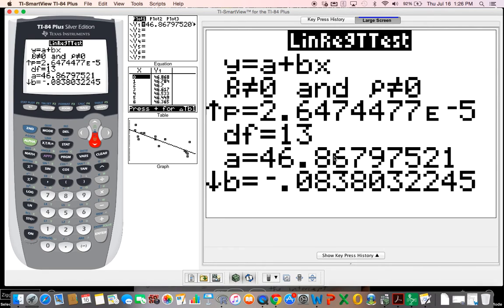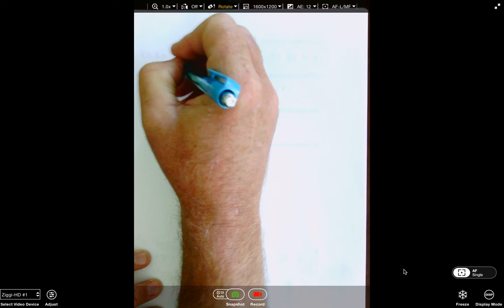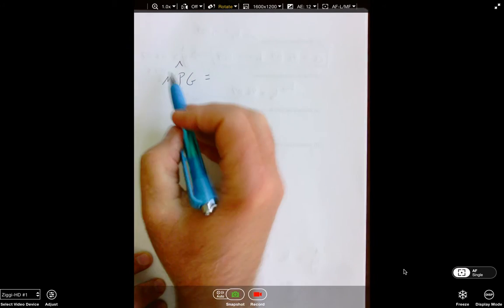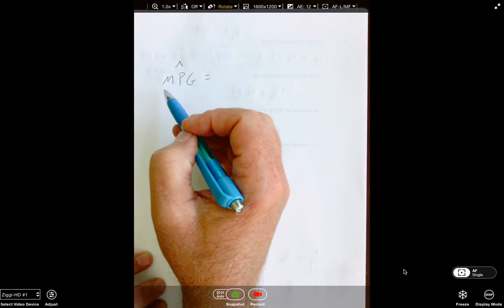So, in a nutshell, guys, go back over to this. We can predict miles per gallon. Anytime in statistics we put that caret above something, that's just the predicted value.